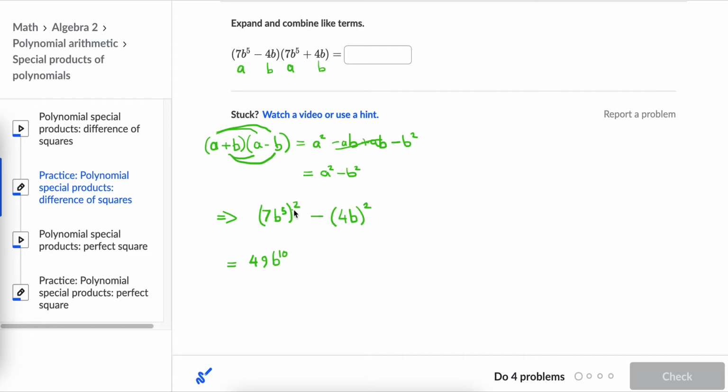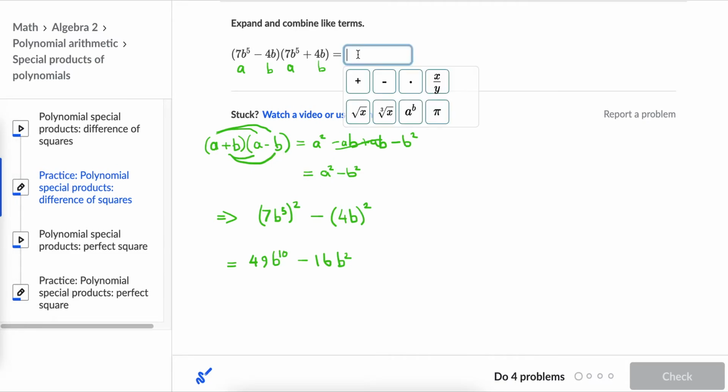But if you had an exponent bigger than 2, you might want to multiply the exponents. So we get 49b to the 10th power minus 4b squared, so 4 times 4 is 16, and b times b is b squared. That's how you can use that shortcut you already know: a plus b times a minus b being equal to a squared minus b squared.